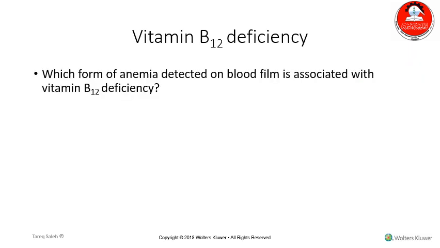Remember here that vitamin B12 deficiency is another cause of megaloblastic macrocytic anemia. This means that both folate and vitamin B12 deficiency can cause this type of anemia, megaloblastic anemia.